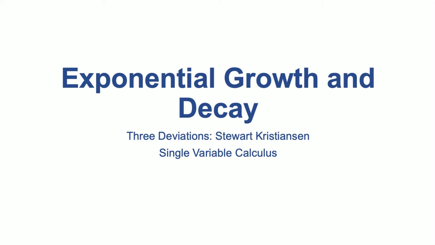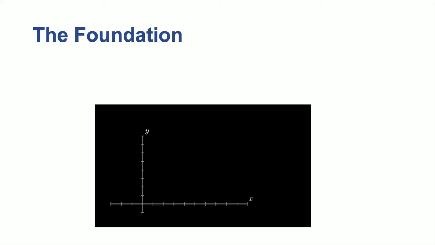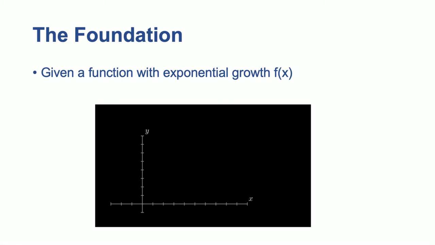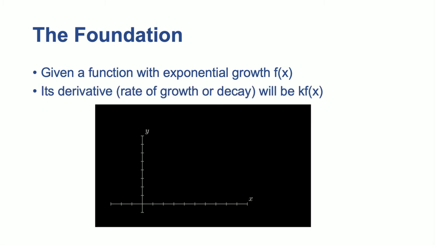So let's get started. And of course, I recommend background knowledge in pre-calculus and in calculus. So let's begin. The foundation of exponential growth and decay is, given a function with exponential growth f of x, and this usually is some natural exponential function with e to the x, that our derivative, or the rate of growth or decay, will be some constant k times f of x.